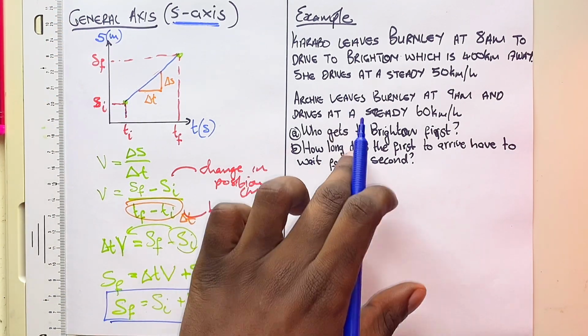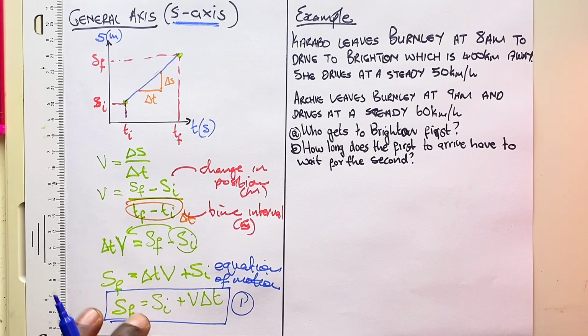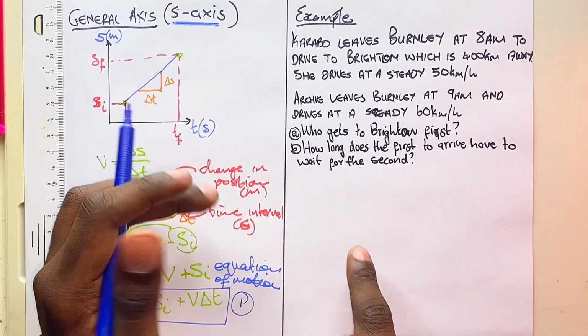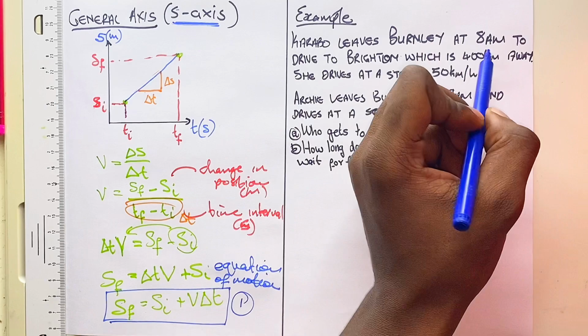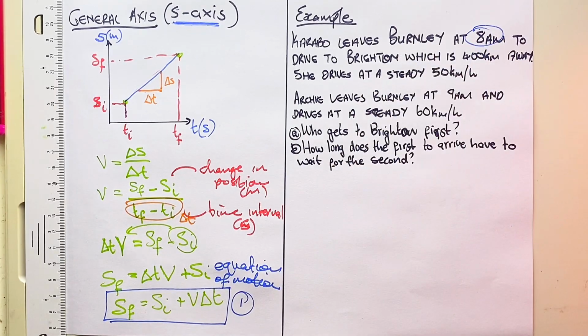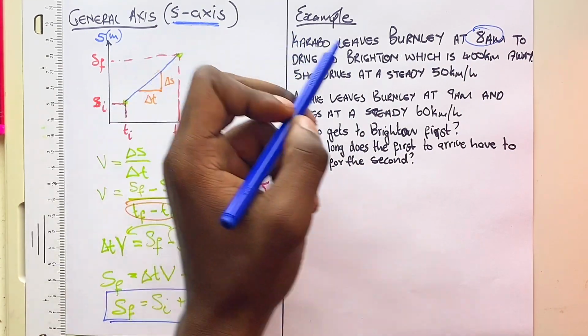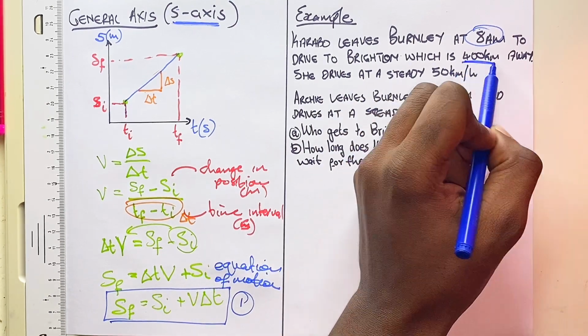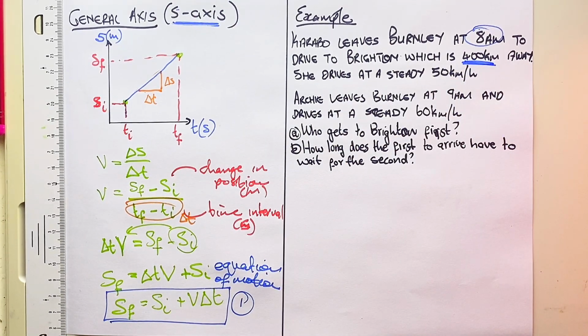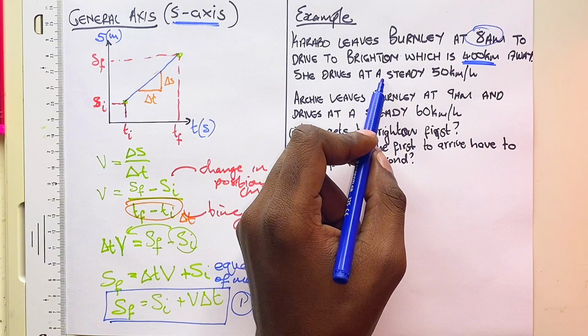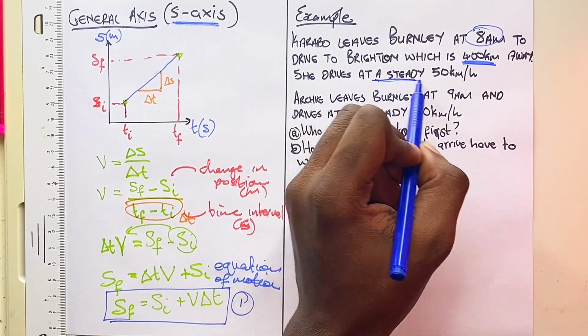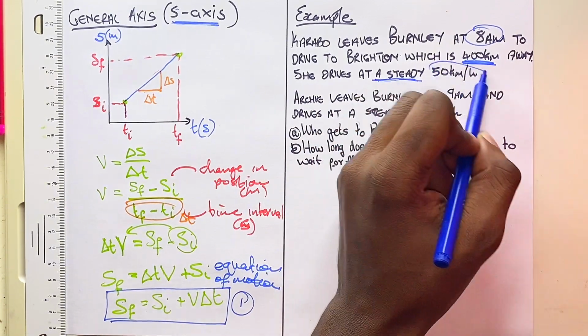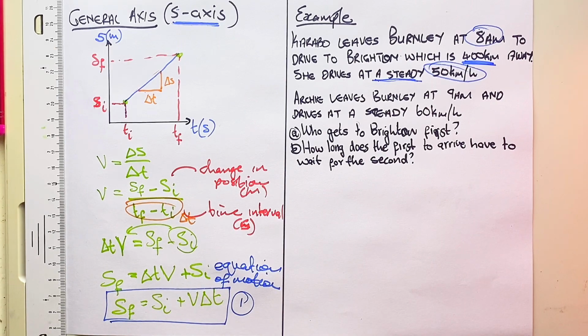And now let's make an example to see how it works. Suppose that Karabo leaves Burnley at 8 a.m. She's driving to Brighton, which is 400 kilometers away, and she drives at a steady, meaning constant, speed of 50 kilometers per hour.